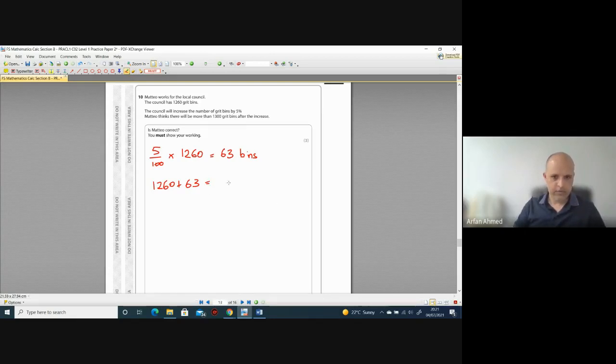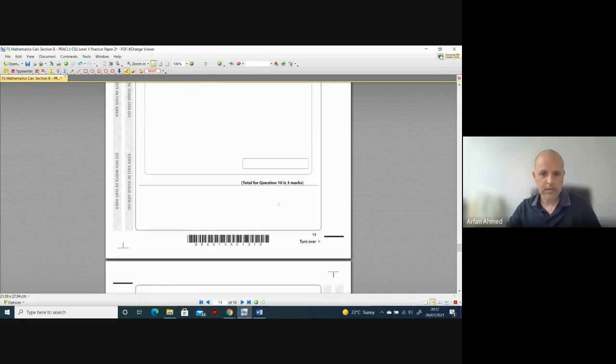That gives you 1,323 bins in total. So the 63 bins was the 5%, and because it's an increase, you add it on. That's how many you get in total. He thinks there'll be more than 1,300 bins after the increase. Is he correct? Yes. 1,323 is more than 1,300. There's your 3 marks. Dead easy.